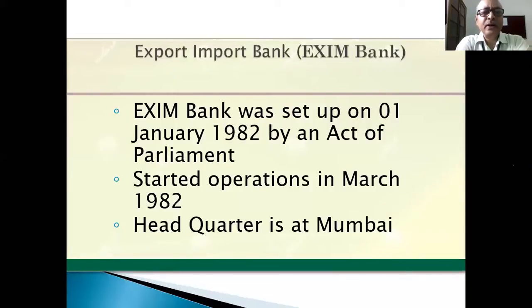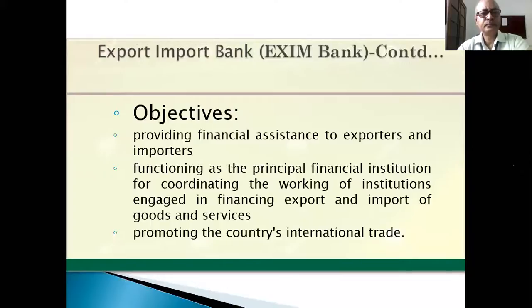Exim Bank is headquartered at Mumbai, and its objectives are providing financial assistance to exporters and importers, as the name clearly indicates, export-import bank. And the idea is, as I told you, that we have a trade deficit, so naturally we need to step it up, and this is our institution. Through financing we can achieve that goal.